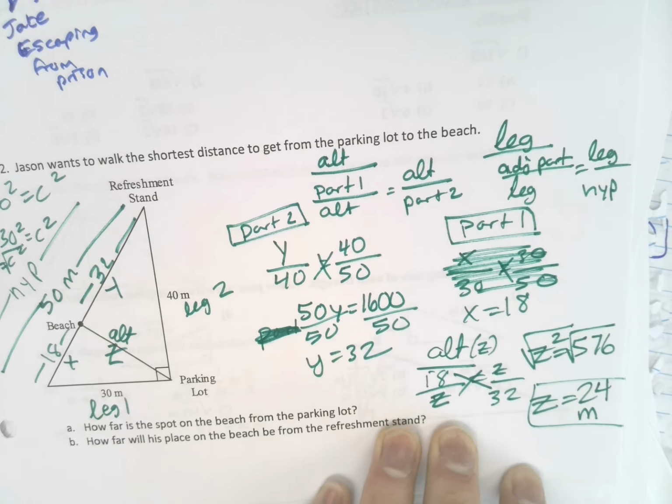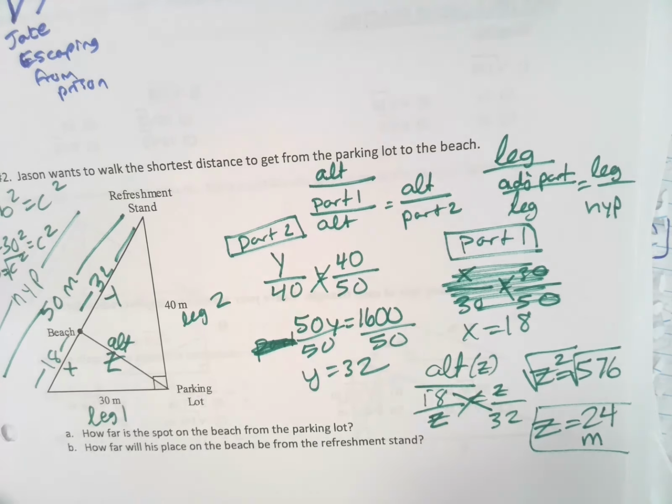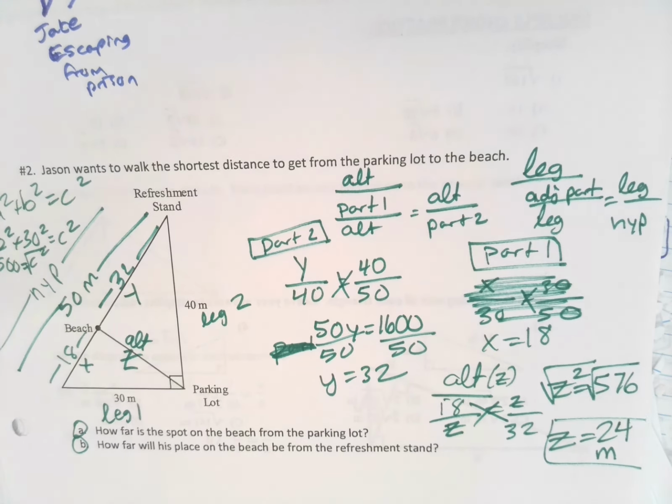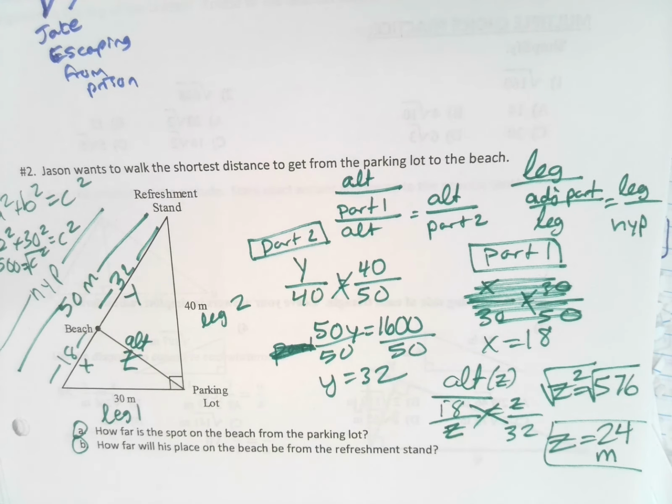Excellent. So I'm going to let you guys answer question A, answer question B, and we will be done for the day. Now that we've got all the information, these 2 questions become a heck of a lot easier. How far is the spot on the beach from the parking lot? And then how far will his place on the beach be from the refreshment stand?